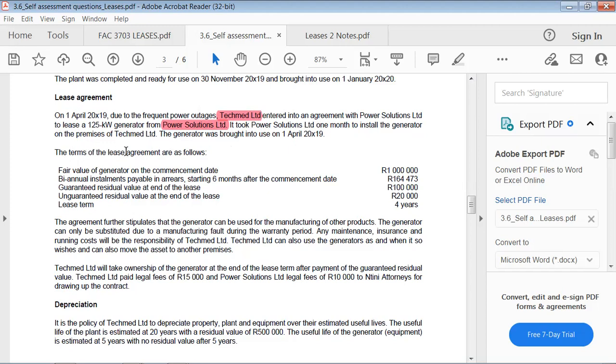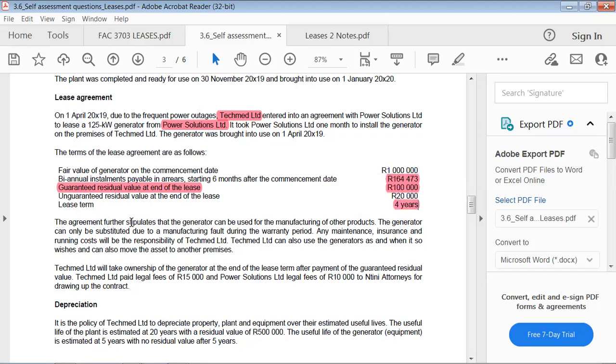The terms of the lease agreement are as follows. So we've got the fair value of the generator. We've got the biannual installments payable in arrears. So these are the payments. Okay, then there is the guaranteed residual value at the end of the lease. Then the unguaranteed, 20,000, the lease term, 4 years.